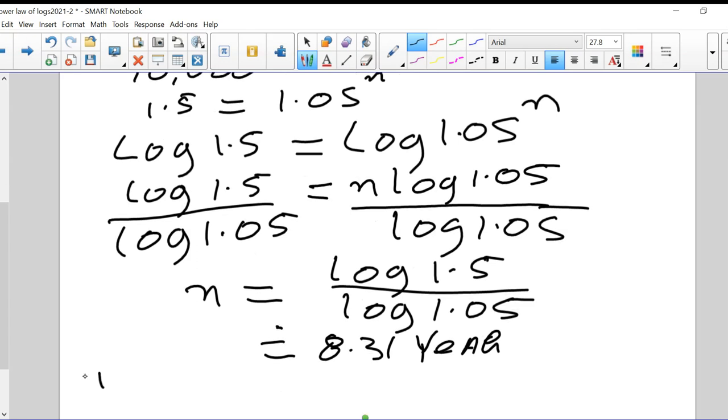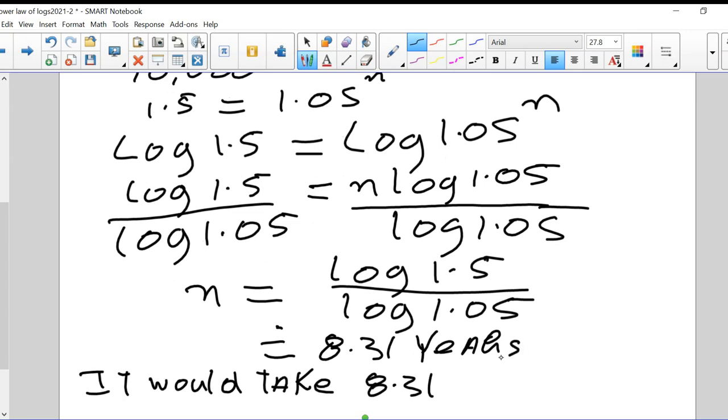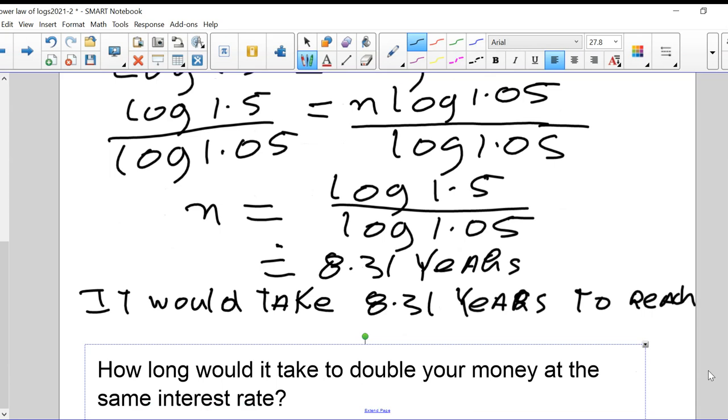that it would take, always have to put a therefore statement, it would take 8.31 years to reach $15,000.